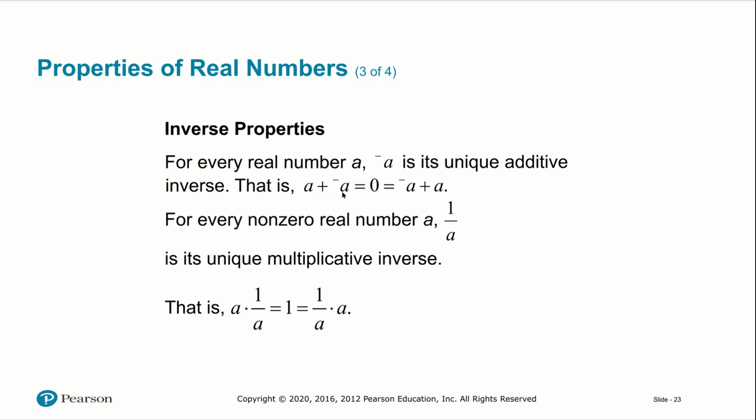Take any number, add it to its opposite, and you're going to get 0, or the other way around, makes no difference. And then we have it for multiplication as well. Take any non-zero real number a, then 1 over a is going to be the multiplicative inverse. The way it works is that if you take any number and multiply it by its multiplicative inverse, or reciprocal, you end up with the number 1. Okay, so remember that. Of course, the additive inverse is also called the opposite, and the multiplicative inverse is also called the reciprocal.